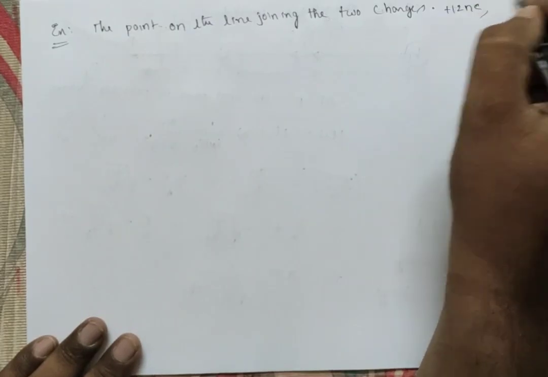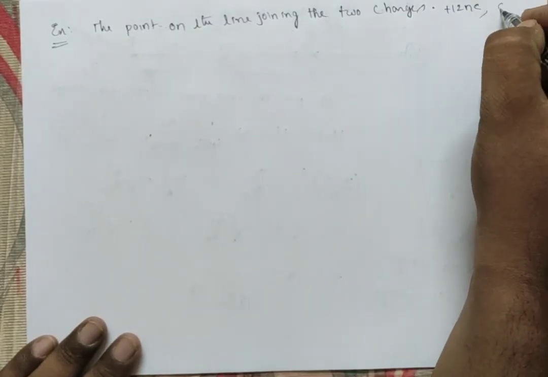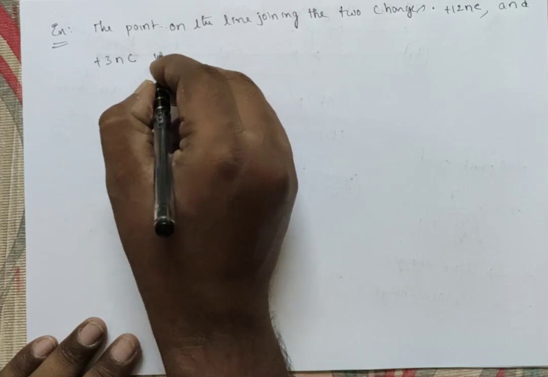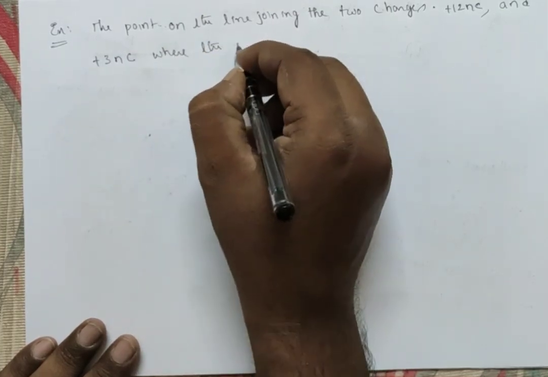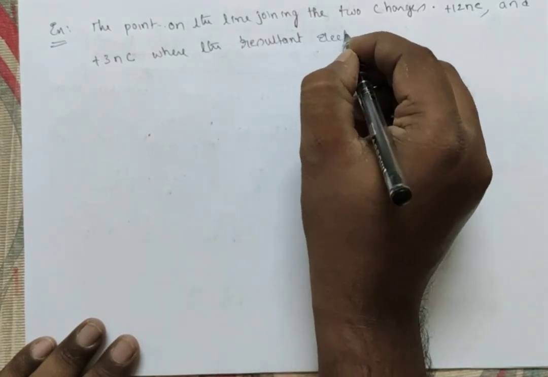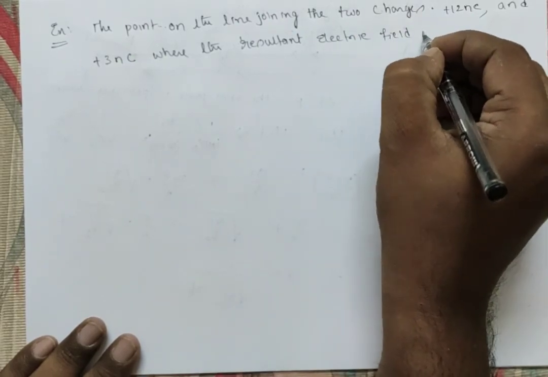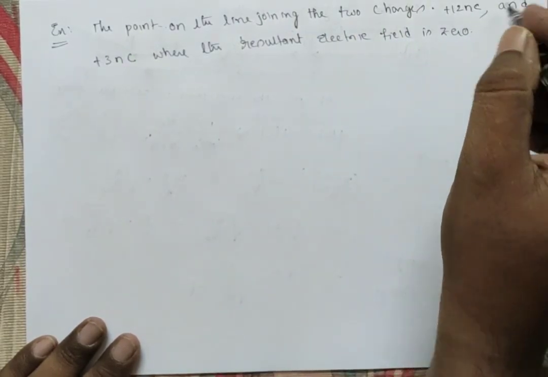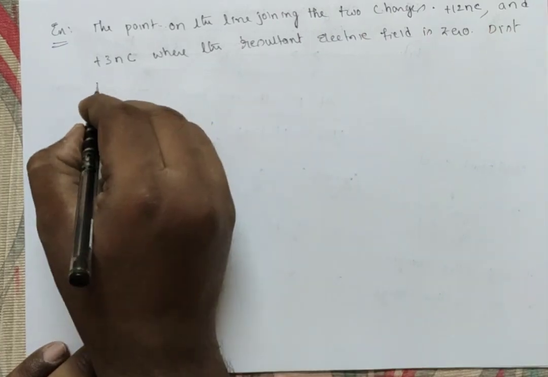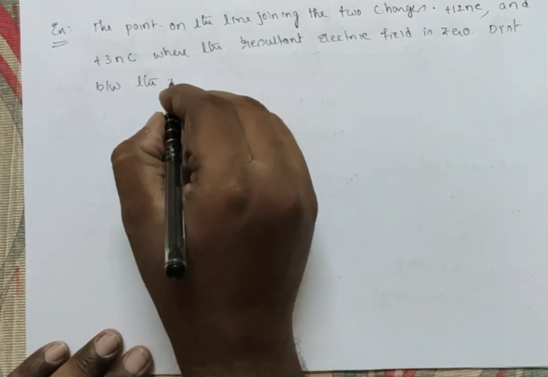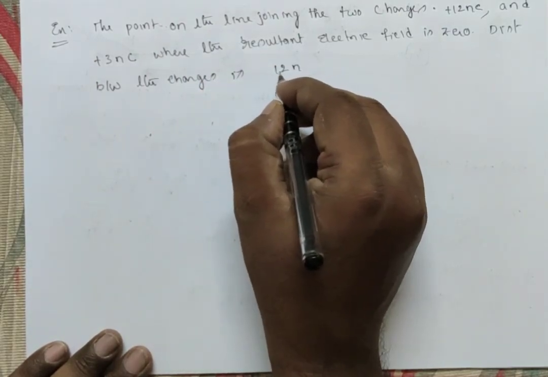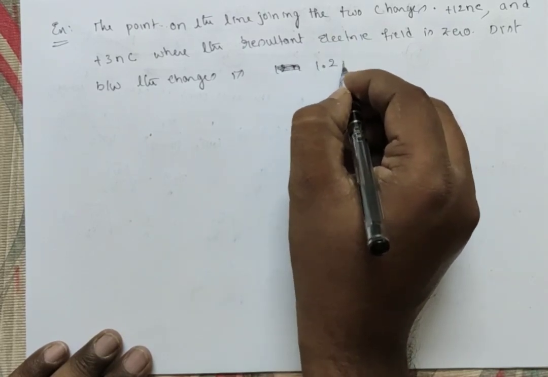I am taking 12 nanocoulomb, and another one is plus 3 nanocoulomb, where the resultant electric field is 0, and the distance between the charges is 1.2 meters.